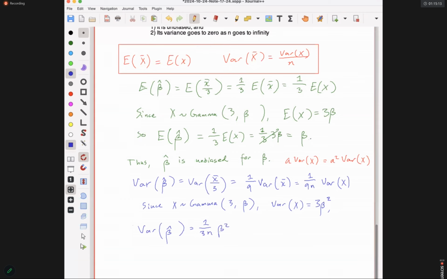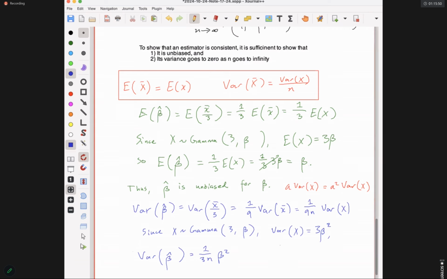And what can we say about this that's relevant to showing consistency? So I want to say here that it goes to 0 as n goes to infinity.